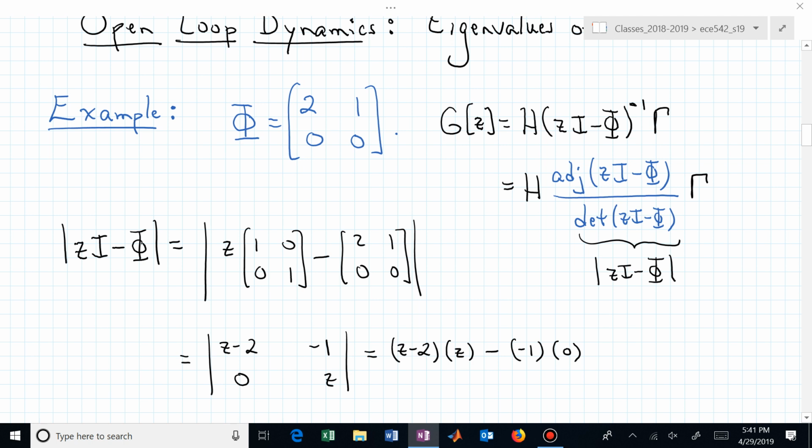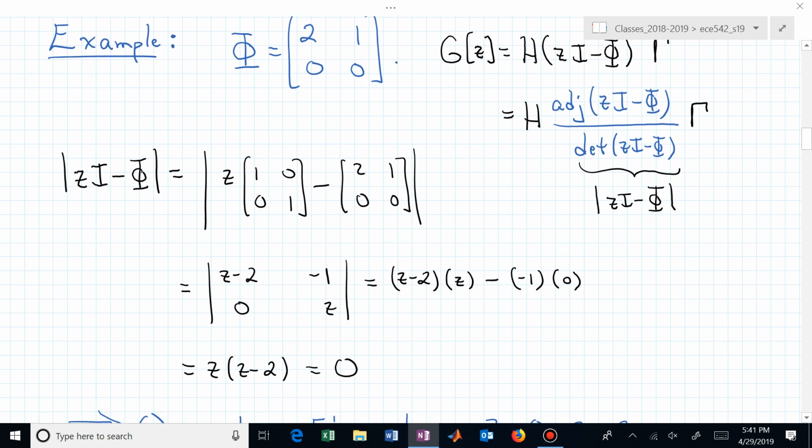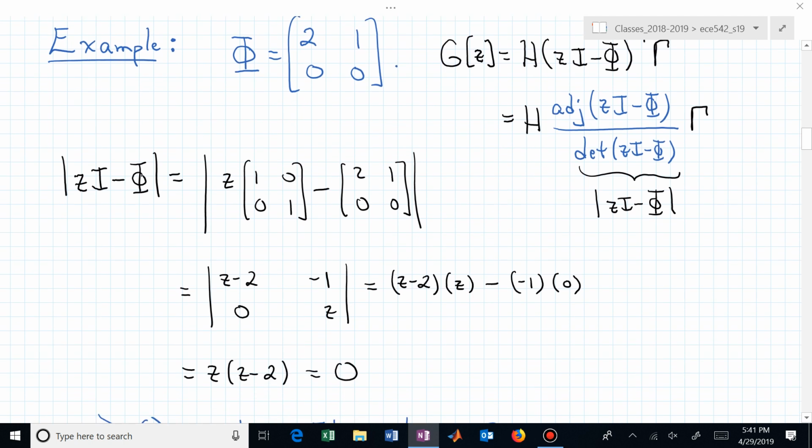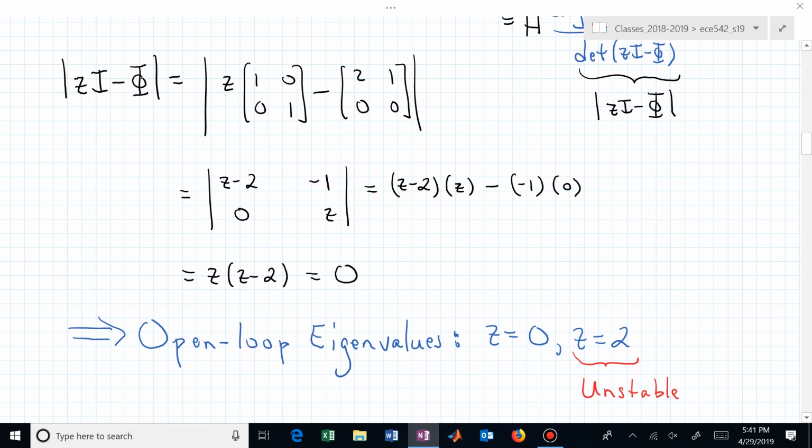In this case, we have z times z minus 2, and you can, I hope, see what values of z cause that expression to vanish, z equal to 0, or z equal to 2. You didn't have to know anything about upper triangular or diagonal matrices. You could brute force the calculation of the determinant of zI minus phi and solve that quadratic in this 2 by 2 case and find out where your eigenvalues are.